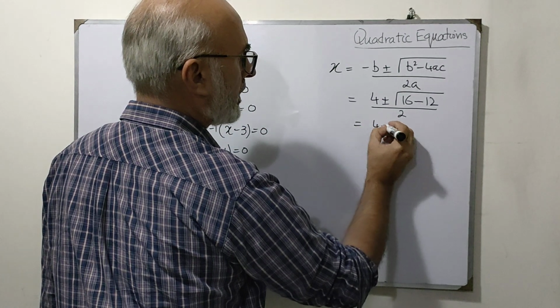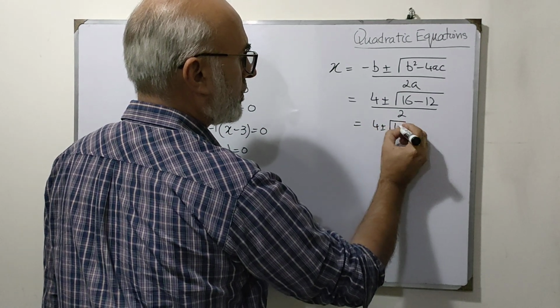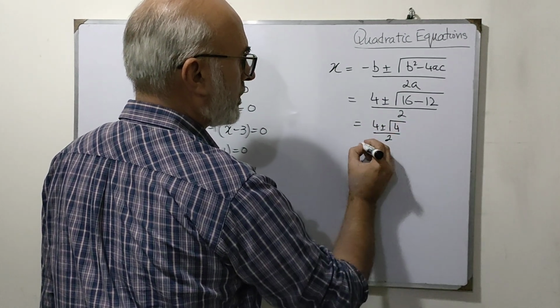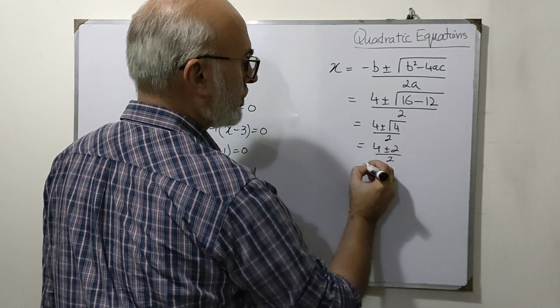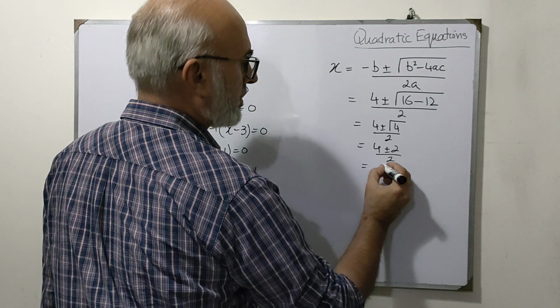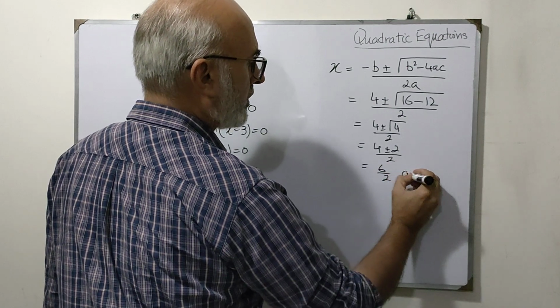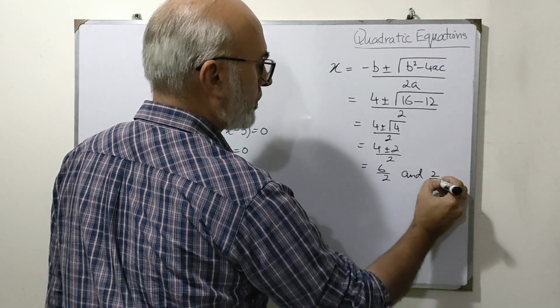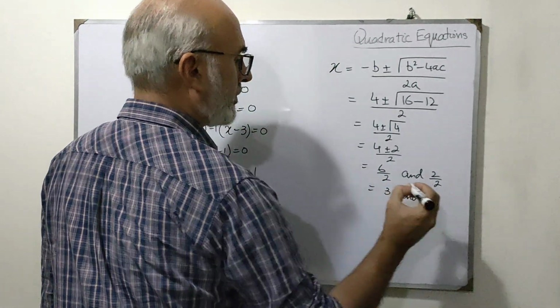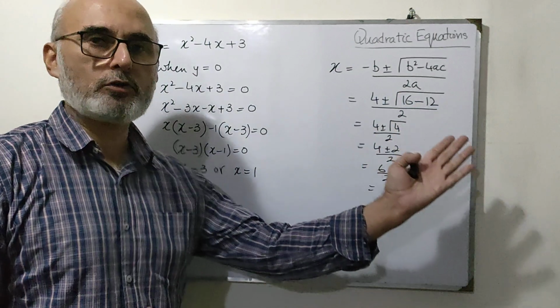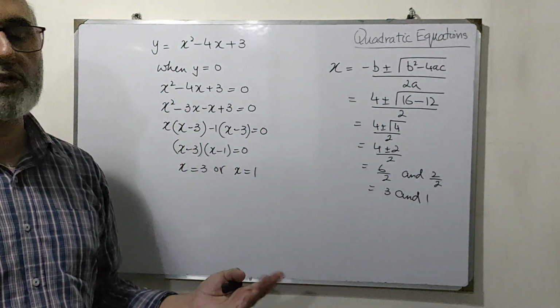So it is 4 plus minus the square root of 4 over 2, so we are left with 4 plus minus 2 over 2, and it is 6 over 2 and 2 over 2, so we have 3 and 1. So whether you apply this or this, we have the same values.